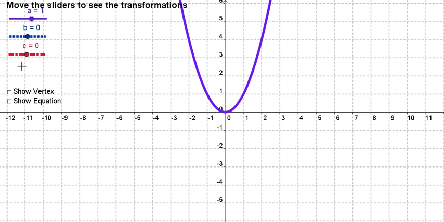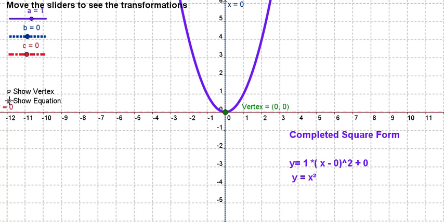Right, so I'm now going to turn my vertex on, and I'm going to look at moving my graph around, okay, and I'm going to turn the equation on so you can see what happens.